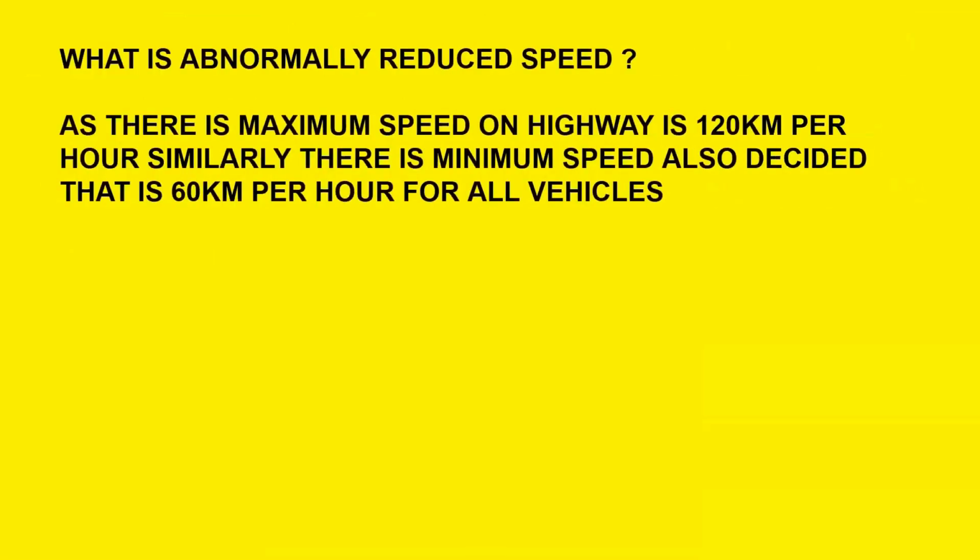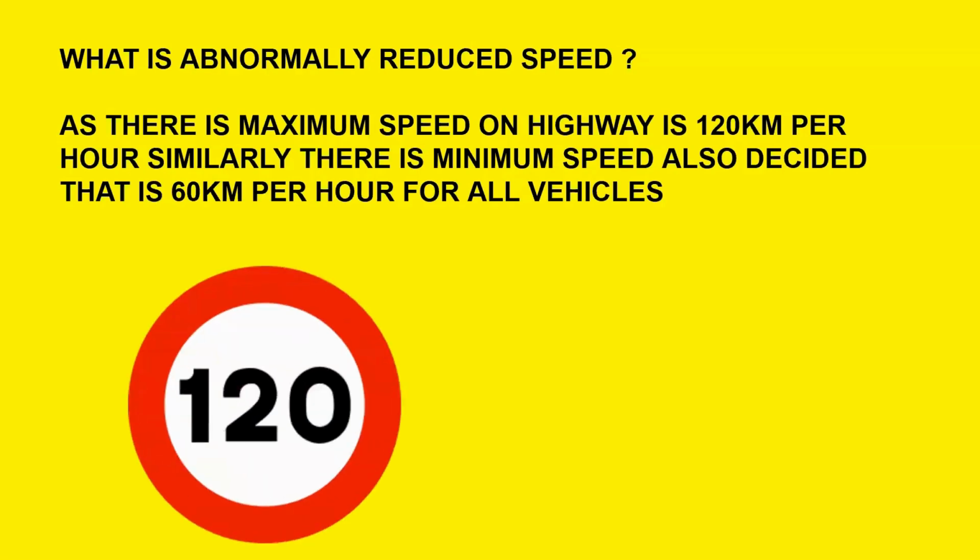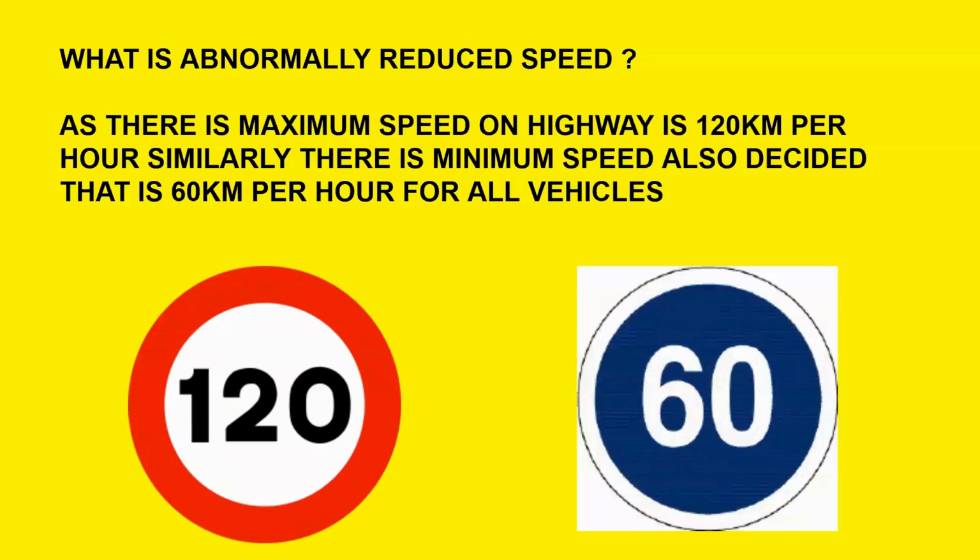Now, let's talk about the abnormally reduced speed. What is abnormally reduced speed? As there is a maximum speed on highway of 120 km per hour, similarly, there is a minimum speed also decided. That is 60 km per hour for all kinds of vehicles. Like 120 is the maximum and 60 is the minimum.